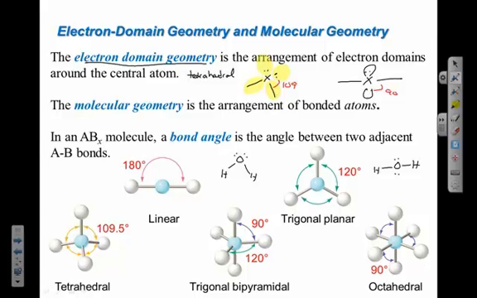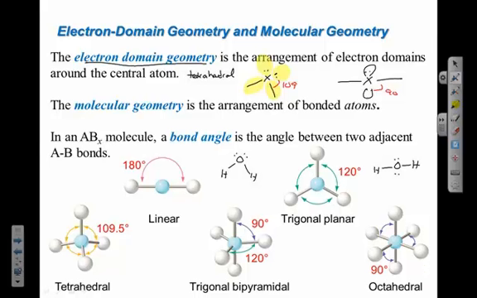Its properties would be totally different. The reason water behaves the way it does is because of its bent geometry. And so if I have a structure and I want to determine what the geometry is because I want to later predict what the properties of that substance might be like, I need to determine its geometry first.